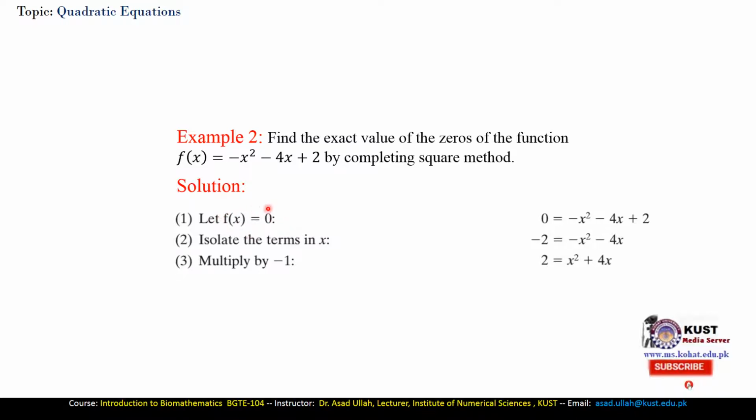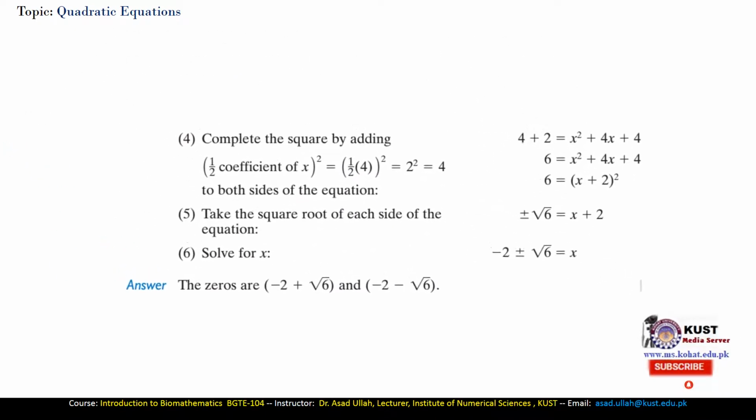F of x is equal to 0 means the given quadratic function reduces to the quadratic equation, that is, minus x square minus 4x plus 2 is equal to 0. Isolating the terms in x, we get minus x square minus 4x is equal to minus 2. Now to make the coefficient of x square positive, we multiply this equation by minus 1. That is, multiplying both sides of this equation by minus 1, we get x square plus 4x is equal to 2.